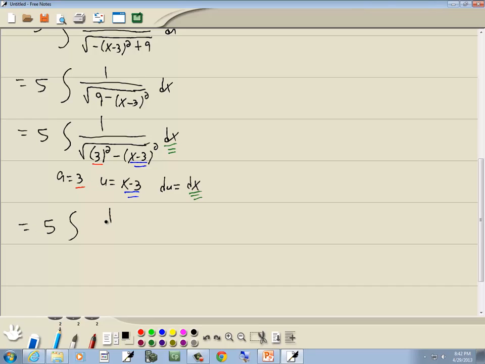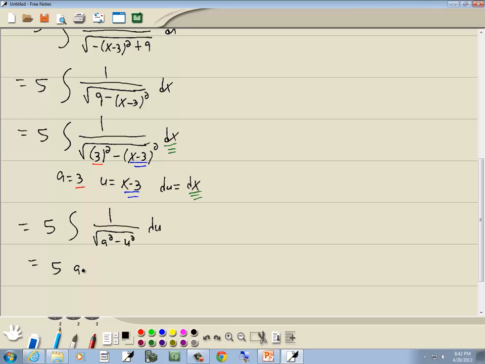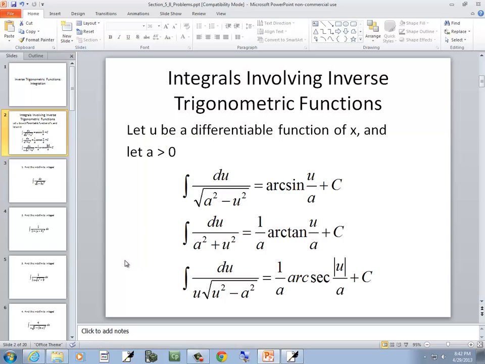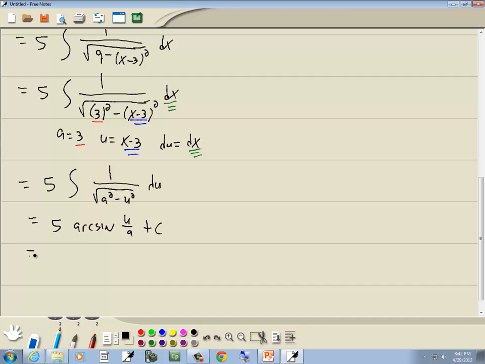So this becomes 1 over the square root of a squared minus u squared du, which matches our formula exactly. So we're going to rewrite that as arc sine of u over a plus c. Okay, so we got 5 arc sine. U we said was x minus 3 over a, which is 3, plus c.